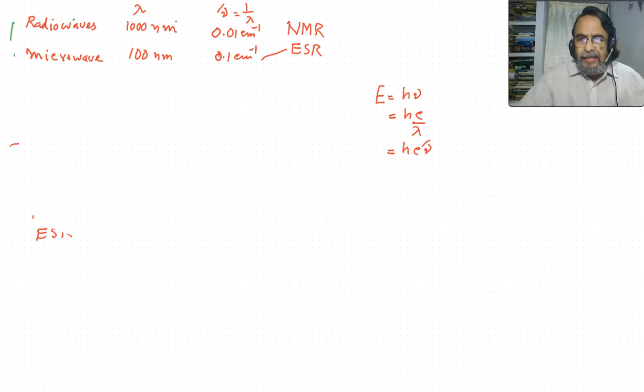We should understand that electron spin resonance, that is, change of electronic spin, requires 1000 times the energy of nuclear magnetic resonance, that is, change in the nuclear spin, that is proton and neutron. So the microwave region will give two types of spectra. One is electron spin resonance spectra. The second one is the conventional rotational spectra.